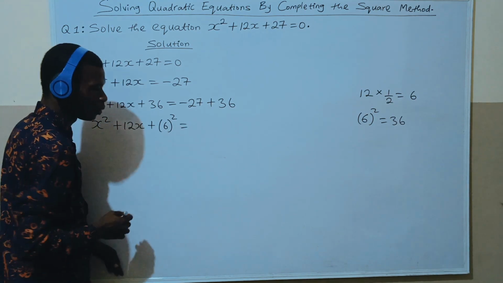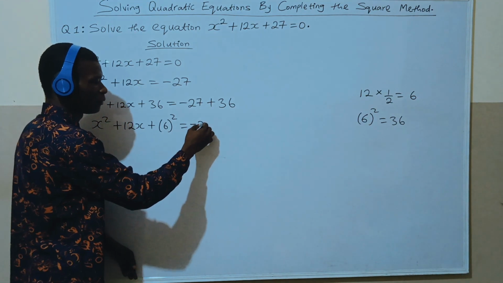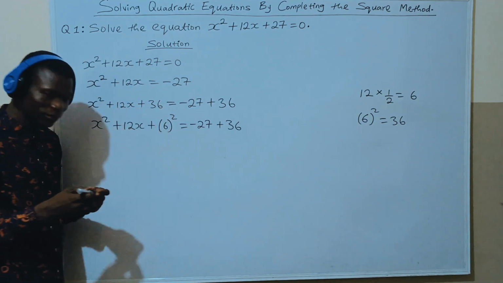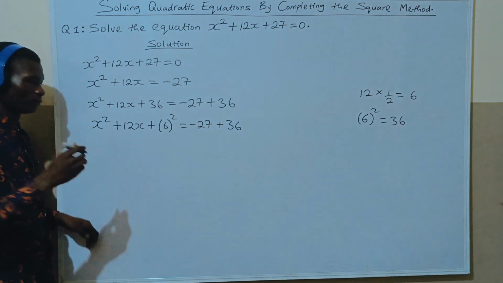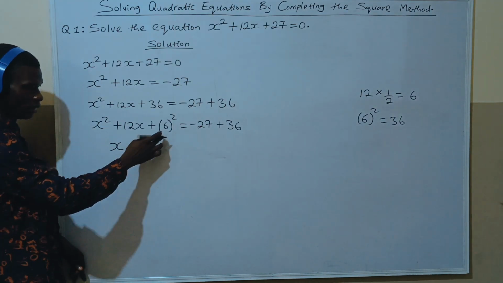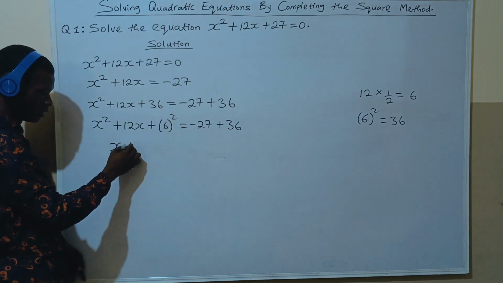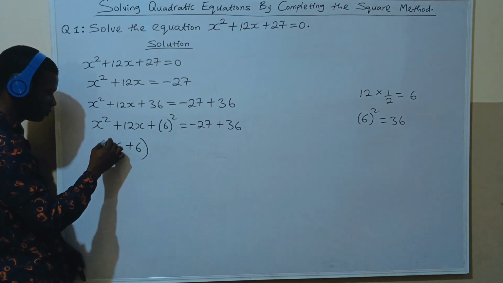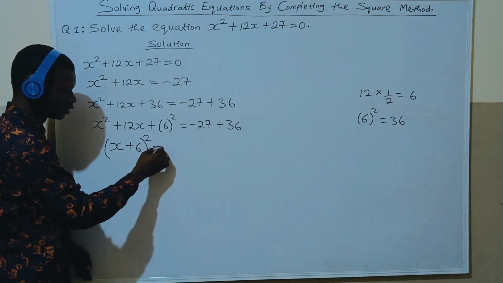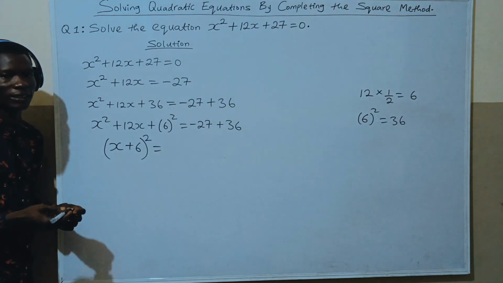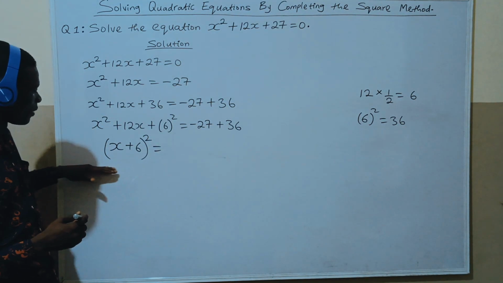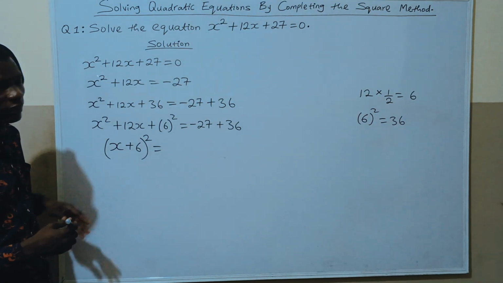And that's going to be equal to negative 27 plus 36. So this is x squared, we need only x, and this is plus 6 squared, we need only plus 6. Both of them in brackets, then they will be squared. So we have summarized the left hand side, or if you like, tidied up the left hand side.